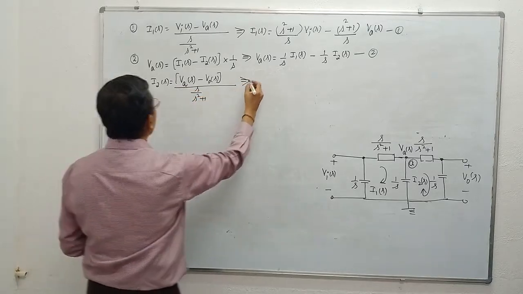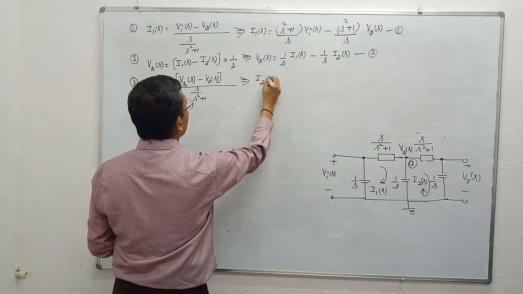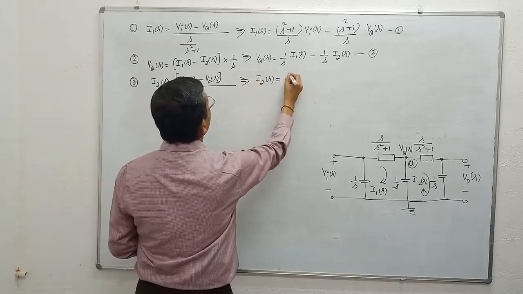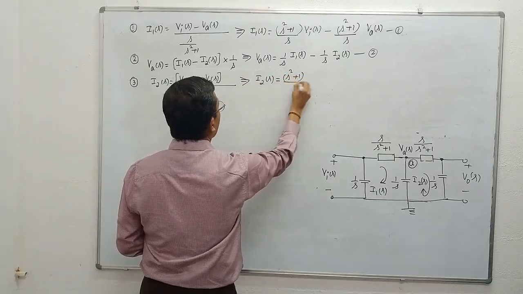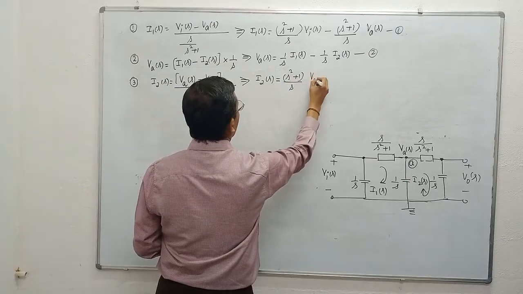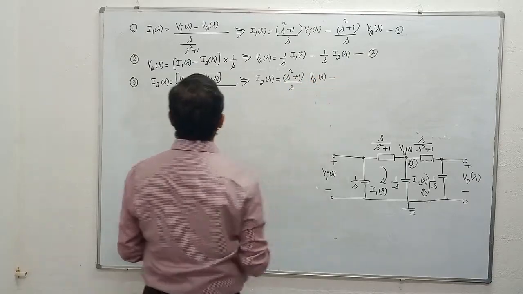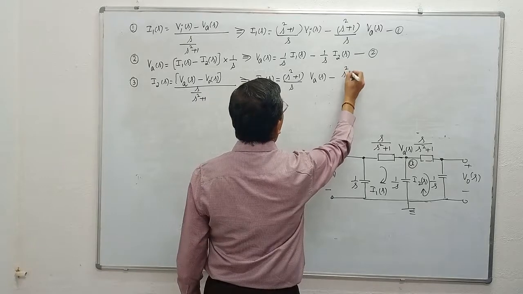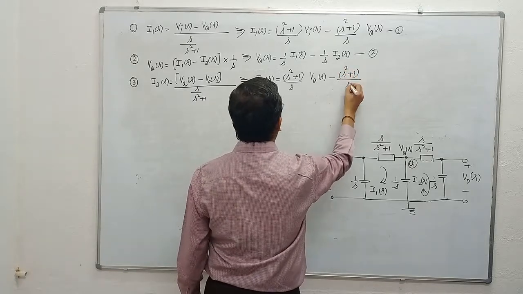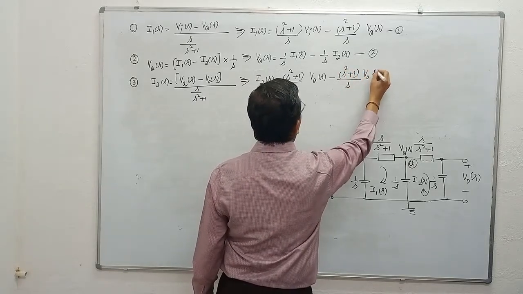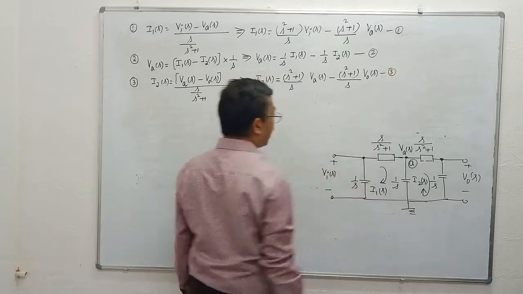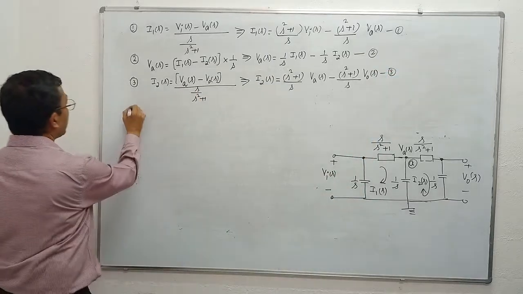This implies I2 of S is equal to S square plus 1 divided by S into VA of S minus S square plus 1 divided by S into V0 of S. This is equation 3. Fourth step.